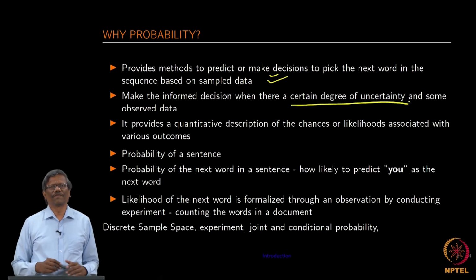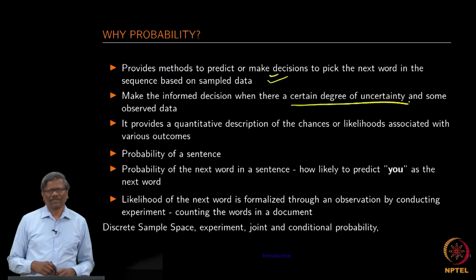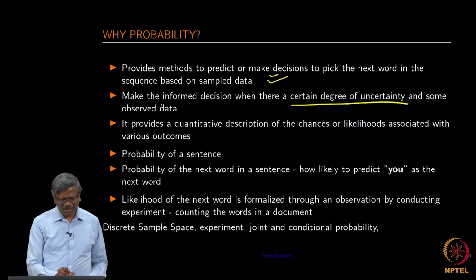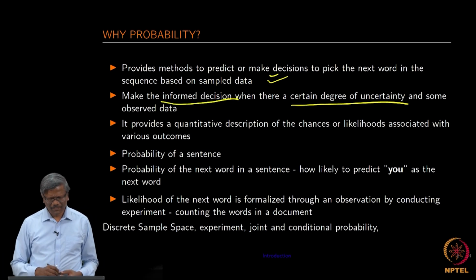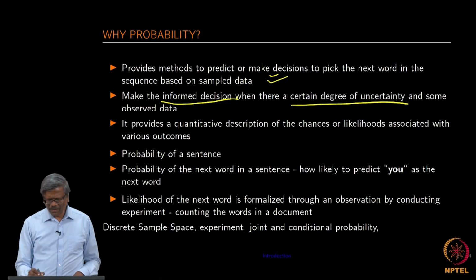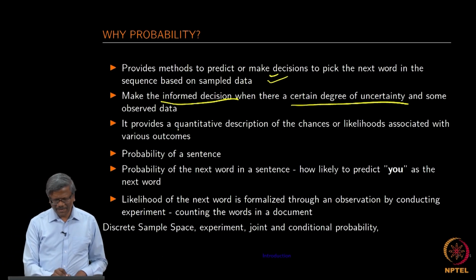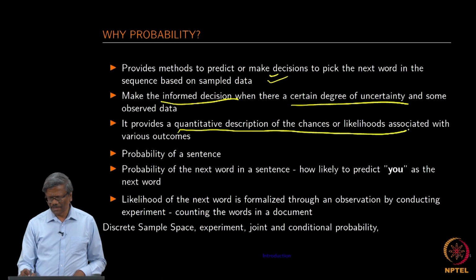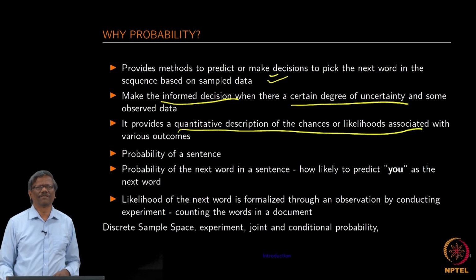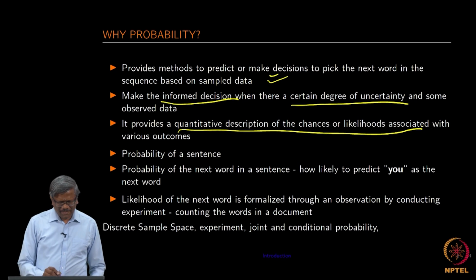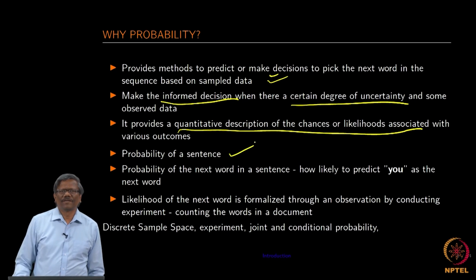So, this is what we can do with probability. We can make some informed decisions, right. We can also get the quantitative description, or chances, or likelihood associated with various outcomes. We can look at the probability of a sentence.